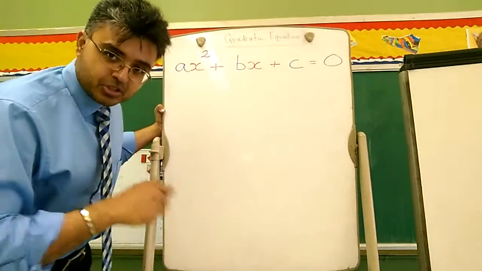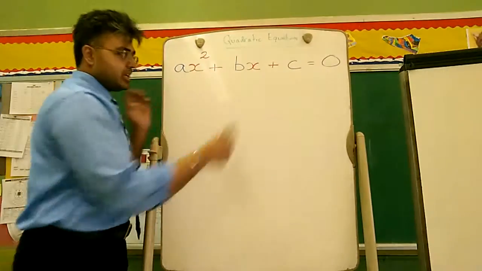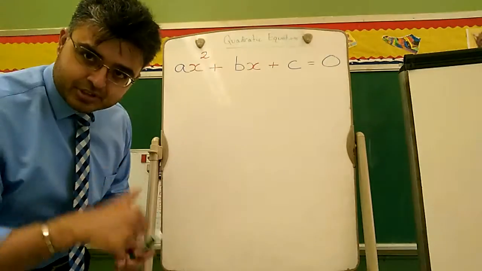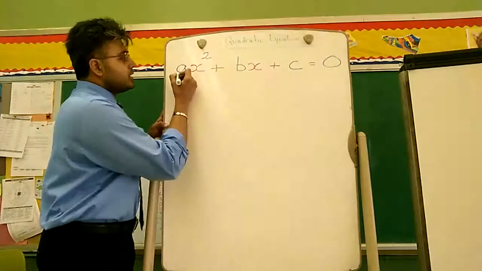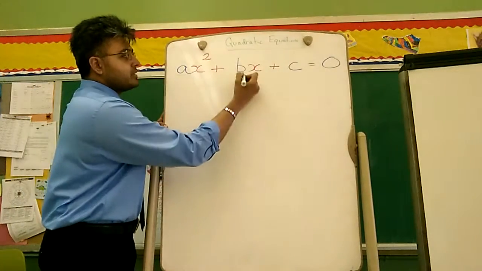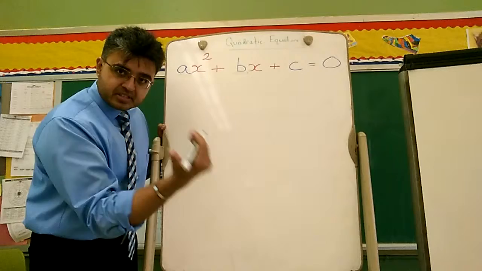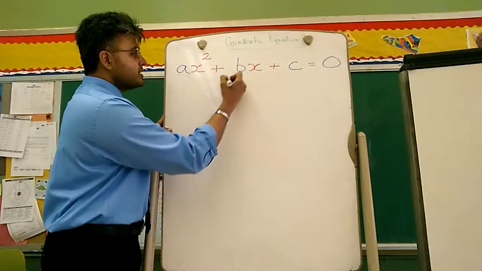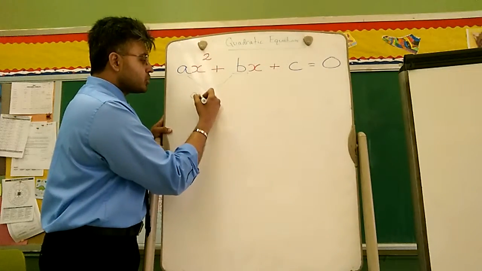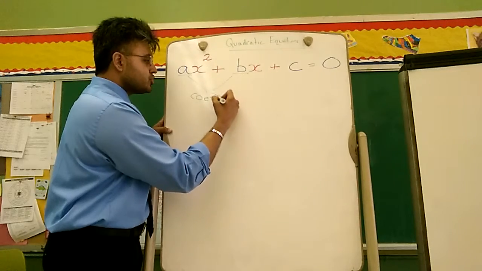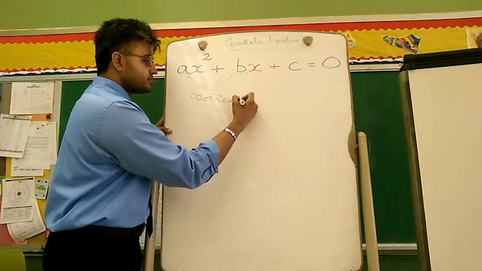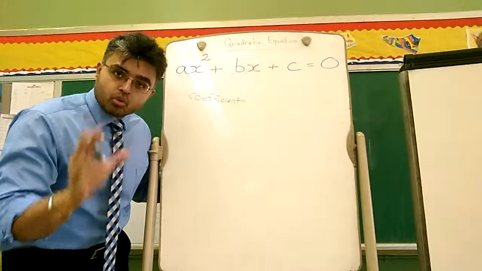Now let me explain to you what exactly is a, b, and c. First things first, definitions, vocabulary. This letter a and this letter b have a specific name, and that name is called a coefficient. What does that mean?